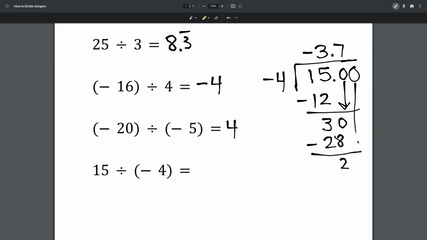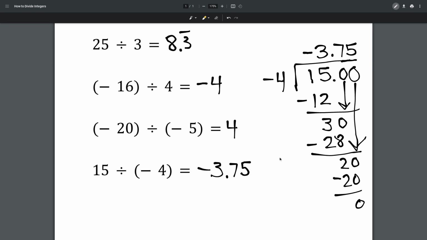Add another 0 and bring it down. And 4 goes into 20 even 5 times. And we get 20 down here, 20 minus 20 is 0. So our solution to this one is not an integer. It's negative 3.75.